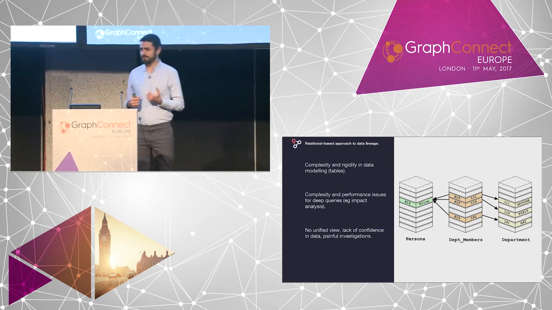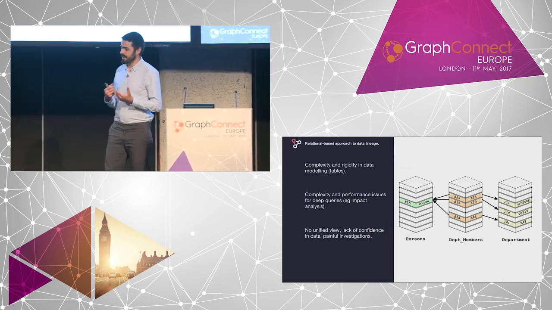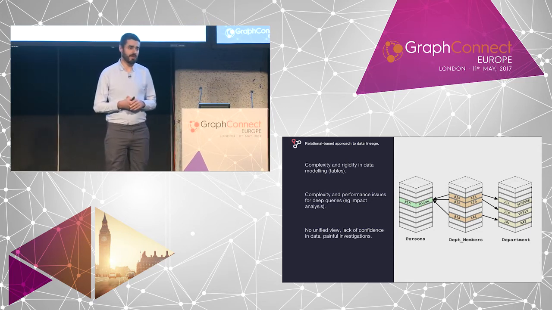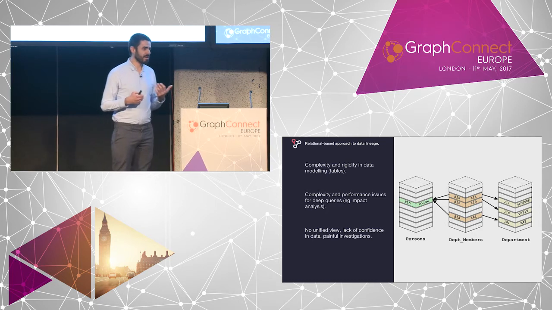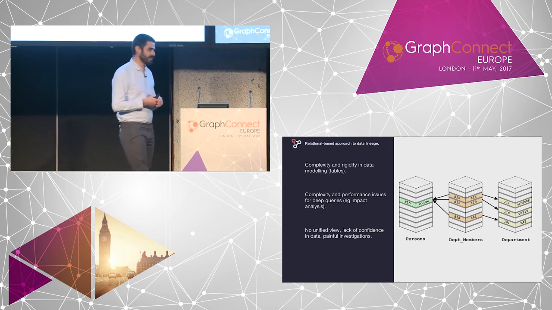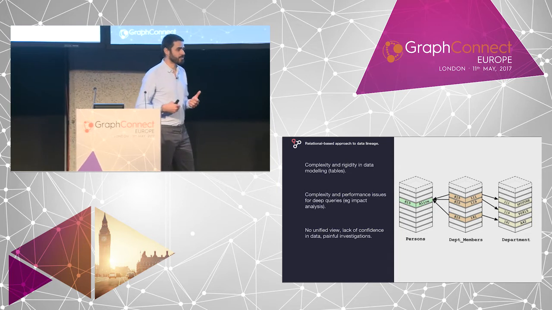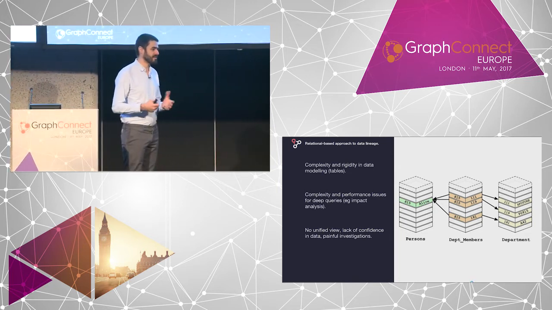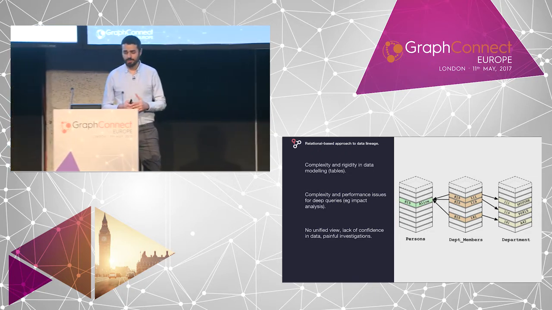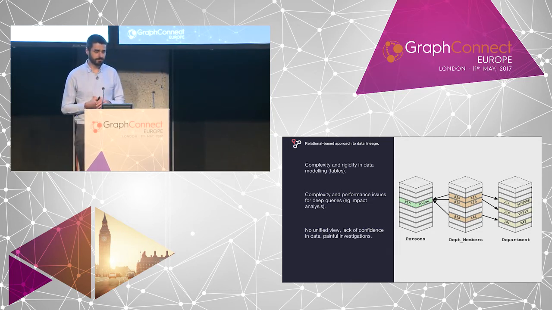But it's much more difficult to model the complex networks associated with data lineage, because you have a lot of interconnections between the various entities. Modeling that in a relational schema is quite painful, and it's also very difficult to adapt the schema as the business needs evolve. As you add new systems, new processes, it's very hard to keep track of what is going on and to avoid complex re-engineering of your schema.